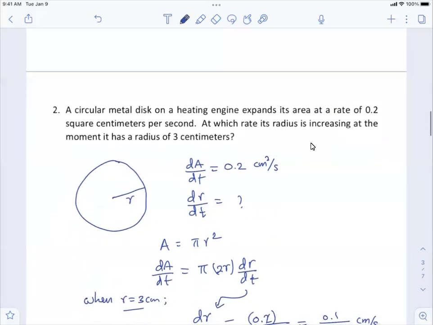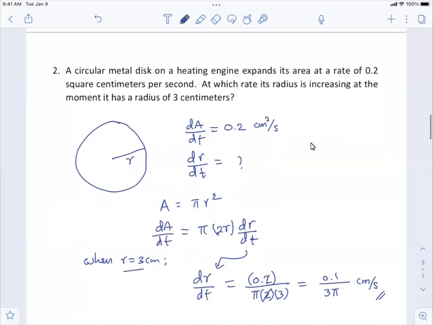The same relation, so it's not going to be challenging. It is exactly figuring out dr dt, and we need to work backwards. We need to divide both sides by this, and don't forget we need to have r exactly the value that you consider at this particular moment, that is 3 centimeters.